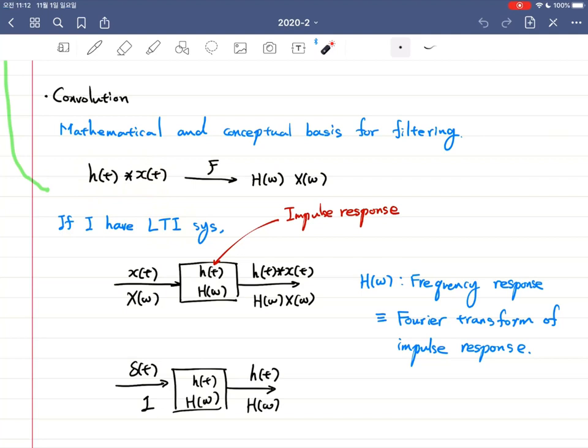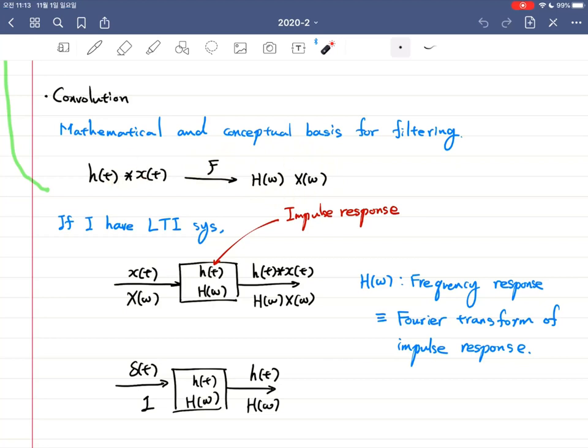However, this involves a very annoying process because you have to do this integration from minus infinity to plus infinity. However, if you just transform from the time domain to the frequency domain by this Fourier transform, then this convolution becomes the multiplication.